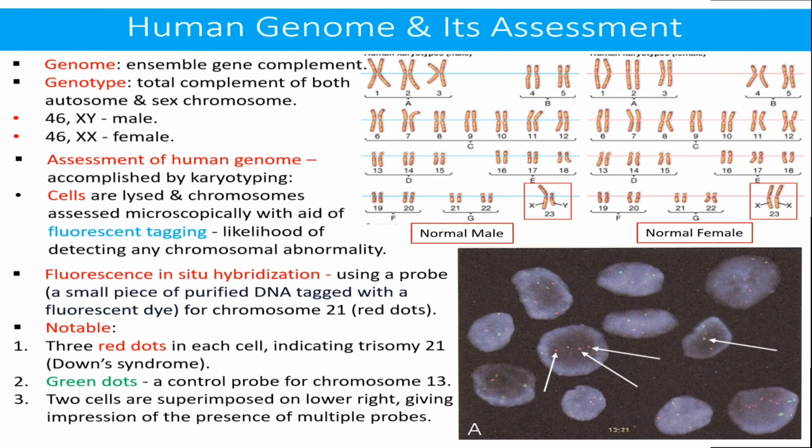There is an artifact in the right lower corner of the diagram, which is because of superimposition of two cells, which gives the impression of the presence of multiple probes in that cell.